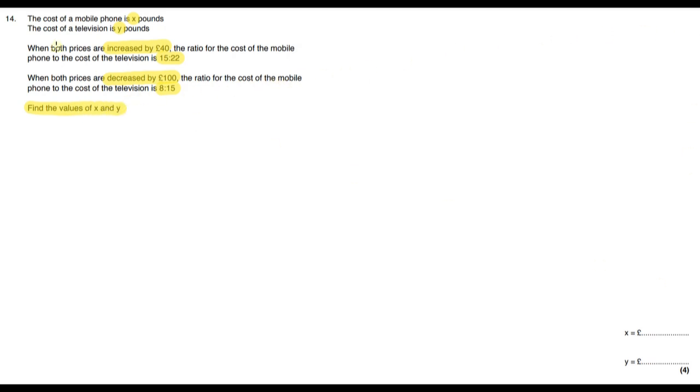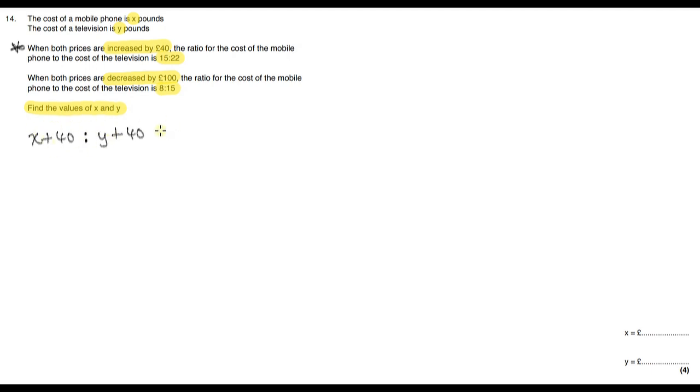Okay, let's first of all focus on this statement here. When both prices are increased by £40, the mobile phone is X, so that's going to be X plus 40. The ratio between the cost of the mobile phone to the cost of the television, well, the television is going to be Y plus 40 because they're both being increased by £40.